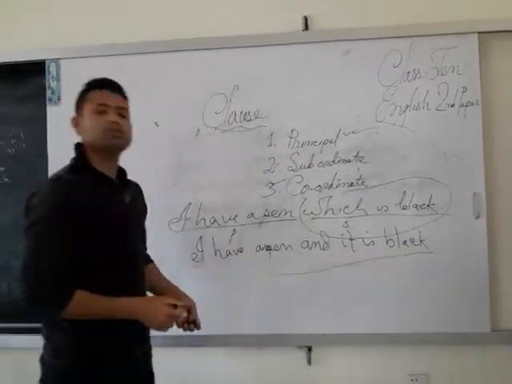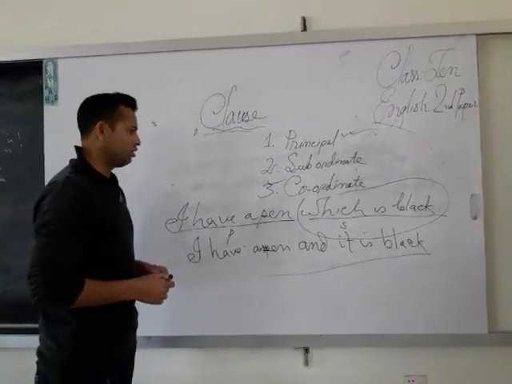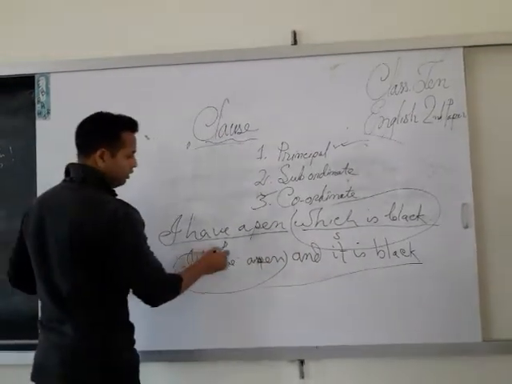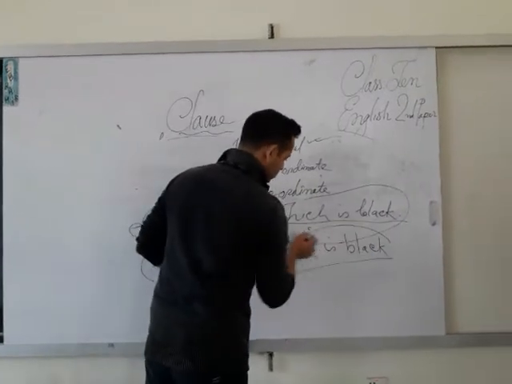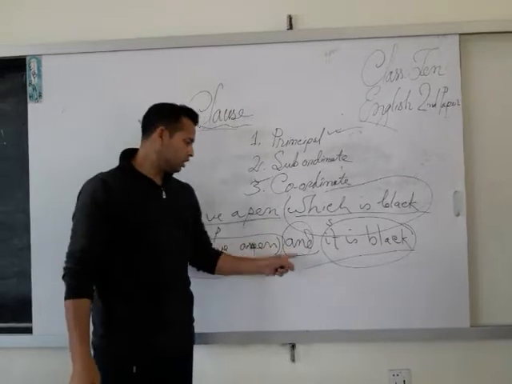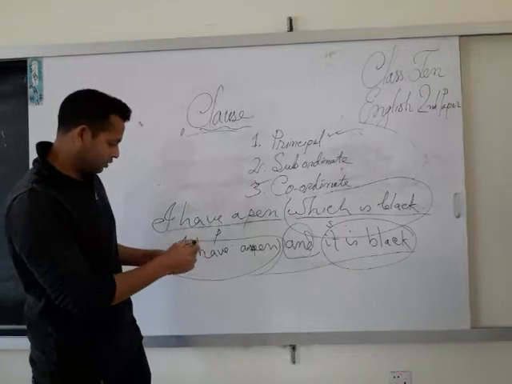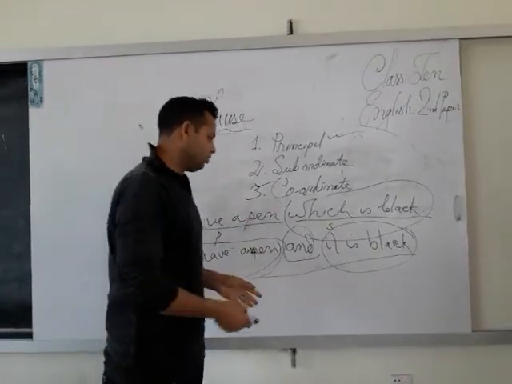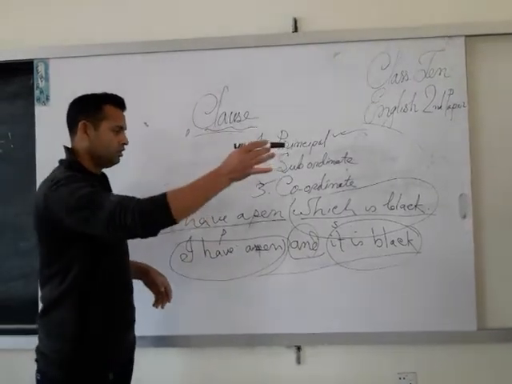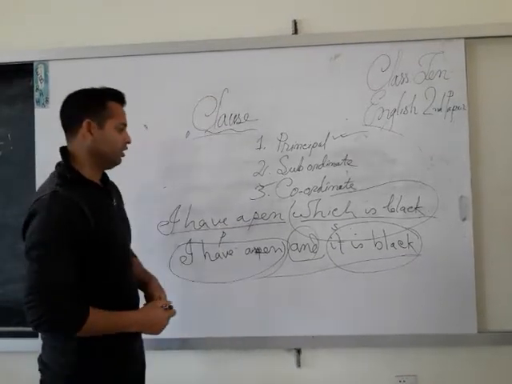This one is a coordinate clause because two independent or principal clauses are connected with a coordinating conjunction, "and."